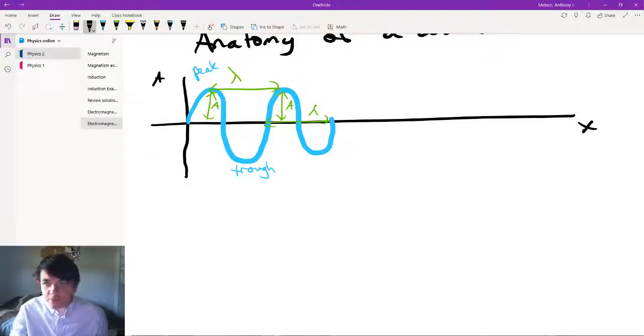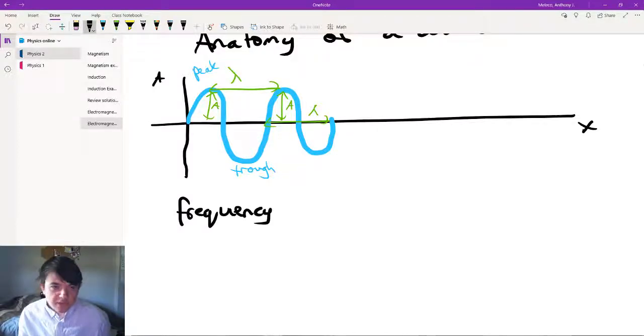So this is like a typical sine wave. Goes up and down, it goes positive and, you know, negative below zero, right? And there's a few things that we need to talk about with the anatomy of a wave. Some different terms that you'll constantly hear regardless of the wave that you're talking about.